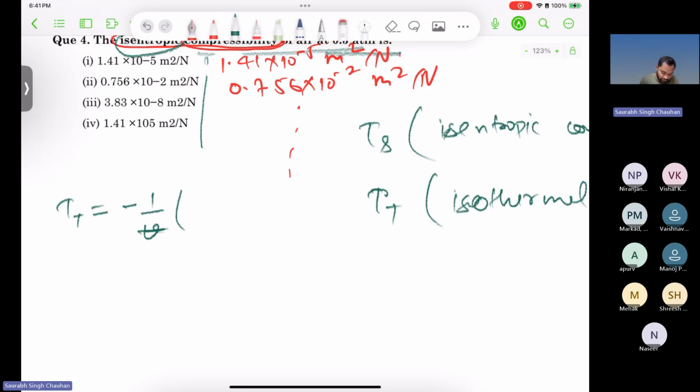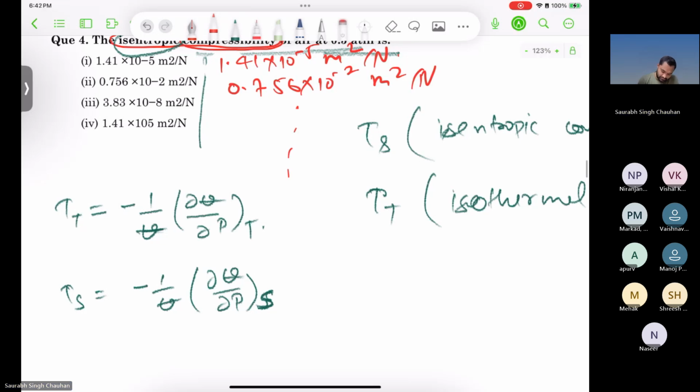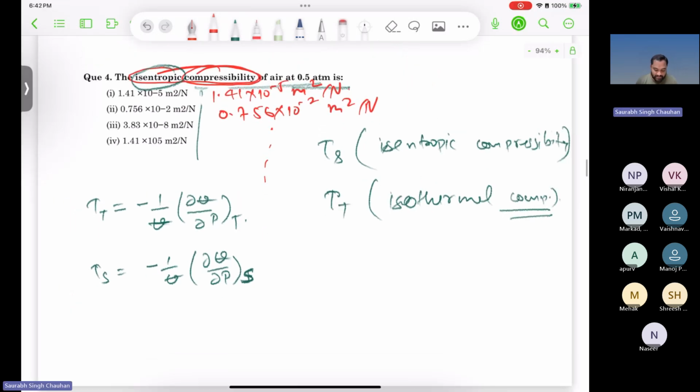So this is the specific volume at constant temperature, and isentropic, entropy will be constant. Okay. So this change, whether it takes place at constant temperature or at constant entropy, that's how we define isentropic and isothermal compressibility.